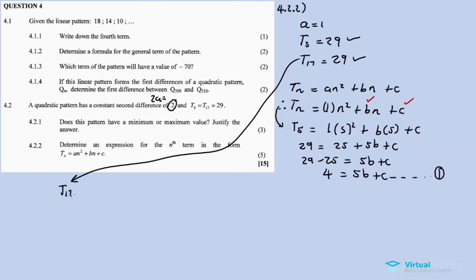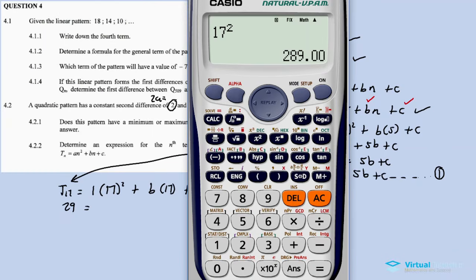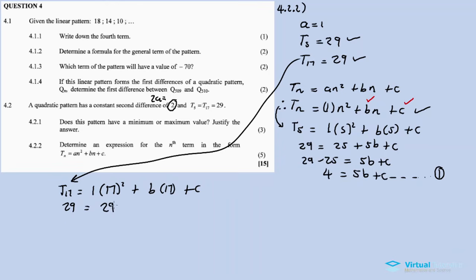Now t17 is equal to 1 times 17 squared plus b times 17 plus c, and this is 29. 17 squared is 289. So it's 29 equals 289 plus 17b plus c.